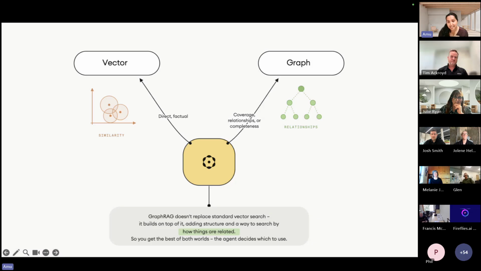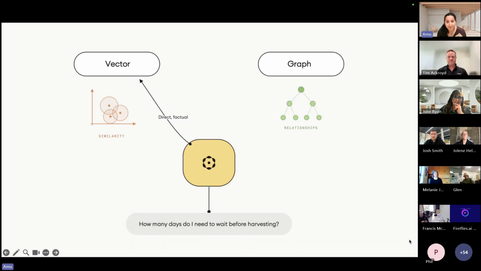GraphRAG doesn't replace standard vector search. It builds right on top of it. It adds a new layer of structure and a way to search by how things are related. So you get the best of both worlds and the agent can decide which to use. For example, if you ask Caitlyn, how many days do I need to wait before harvesting? This is a direct and factual question, and the agent could use just the vector method to provide an answer for you.